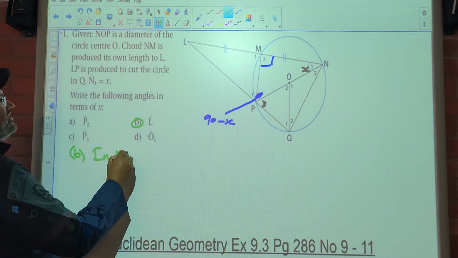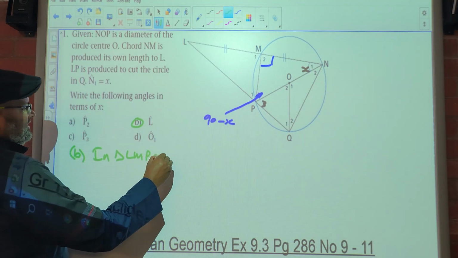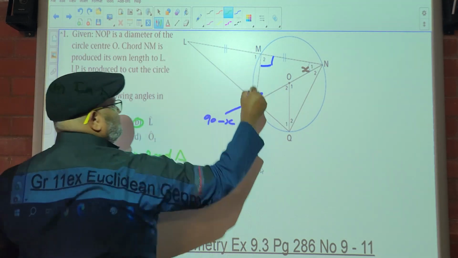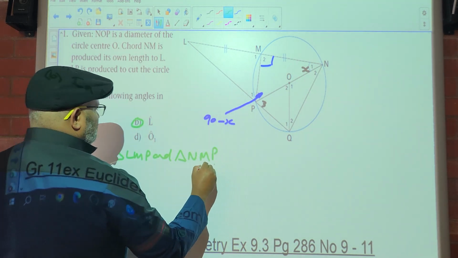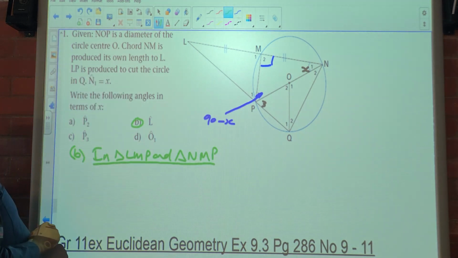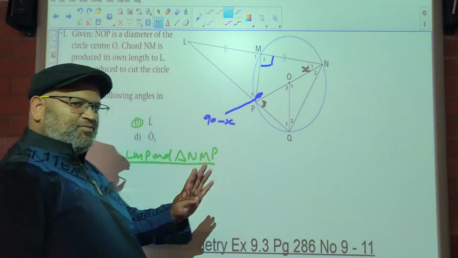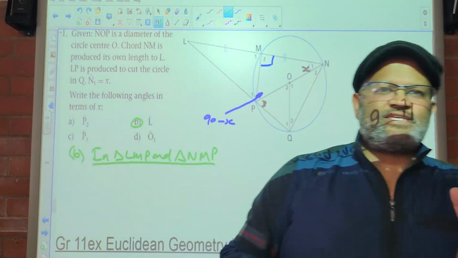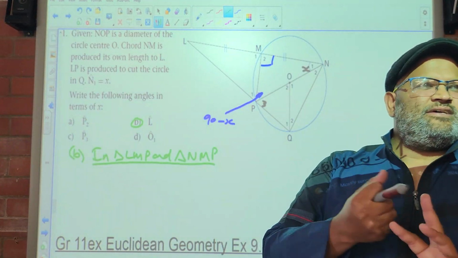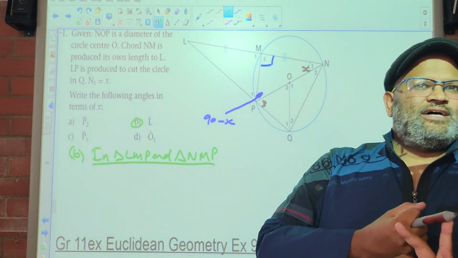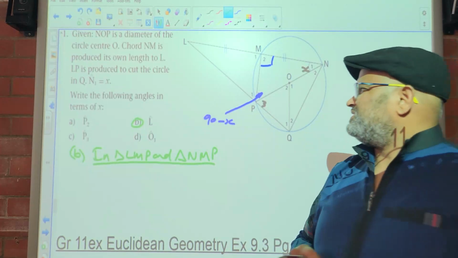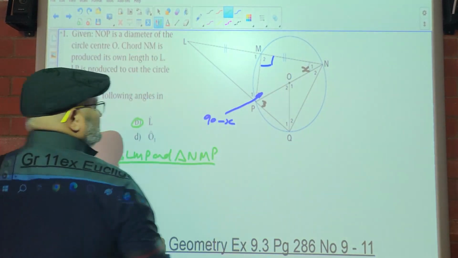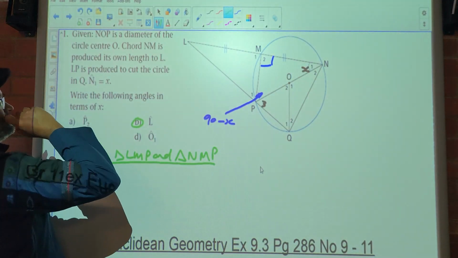So I say in triangle LMP and triangle NMP, we always try and get the order right from the beginning. Remember there's 4 cases to prove congruency: side, side, side; side, angle, side; angle, angle, side; right angle, hypotenuse, side.